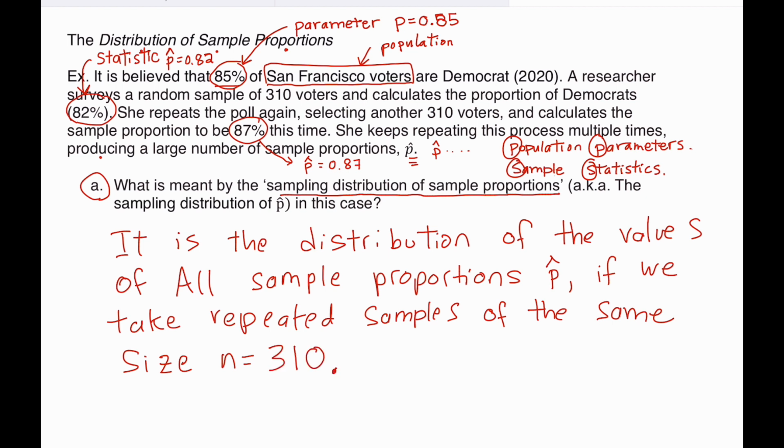So in other words, if this researcher could just keep taking sample after sample after sample and calculating the sample proportion, it would be the distribution of all those sample proportions.